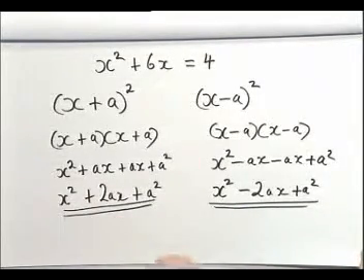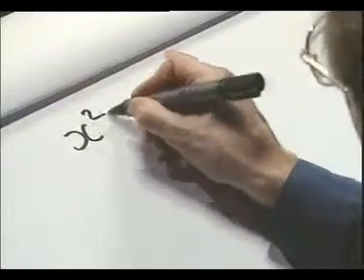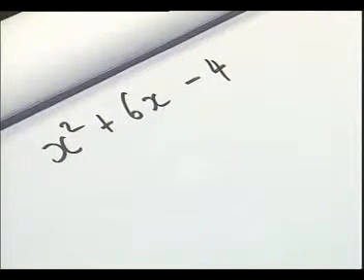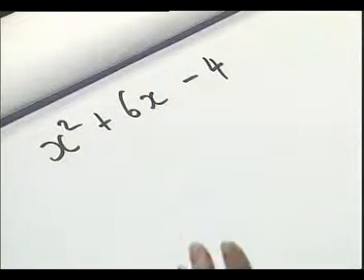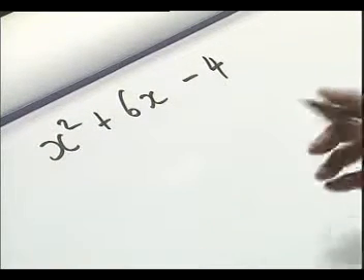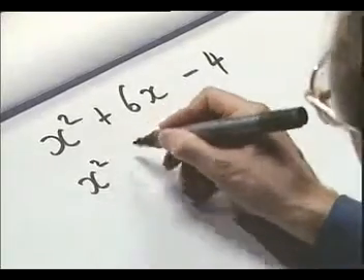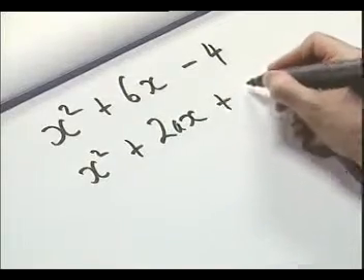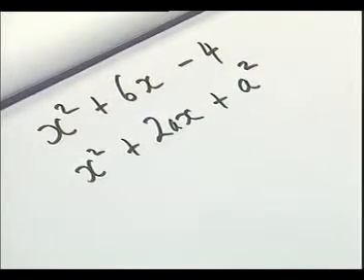What we want to concentrate on is this process of completing the square. So, I'm going to take this quadratic function, x squared plus 6x minus 4. And I'm going to compare it with the complete square, x squared plus 2ax plus a squared.